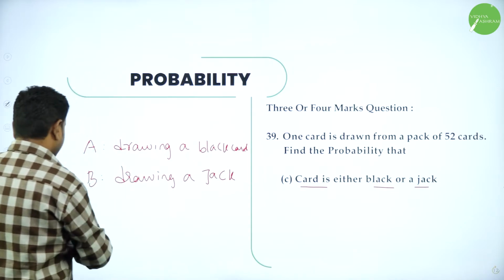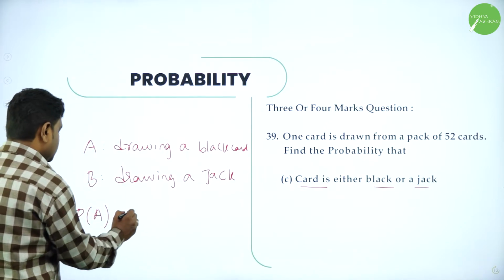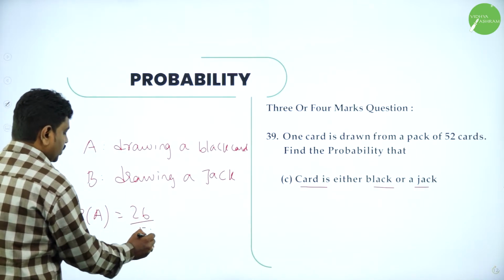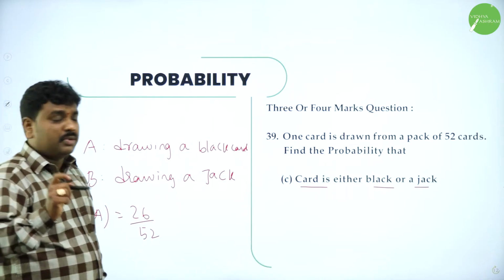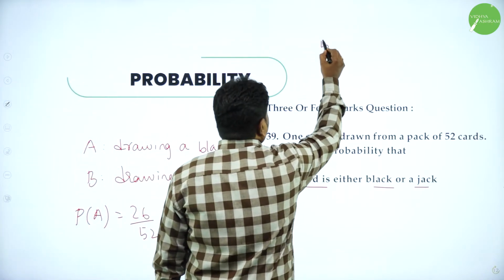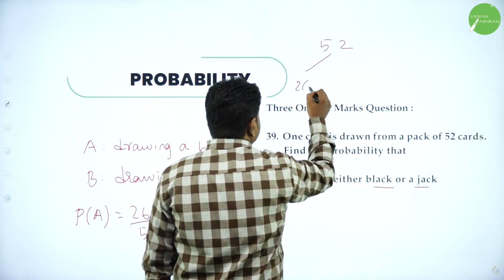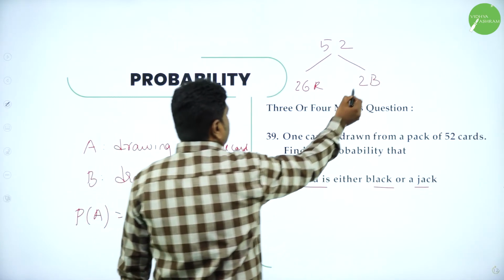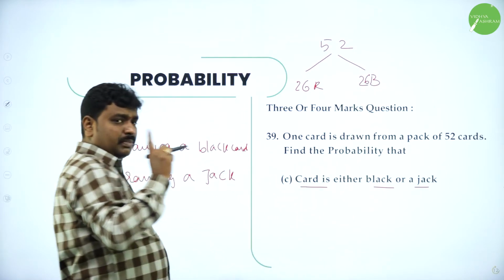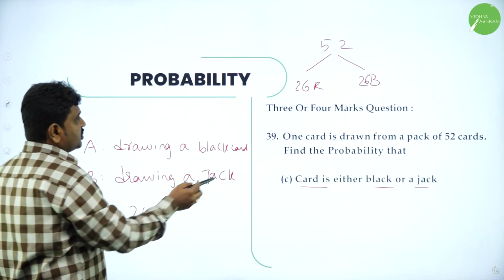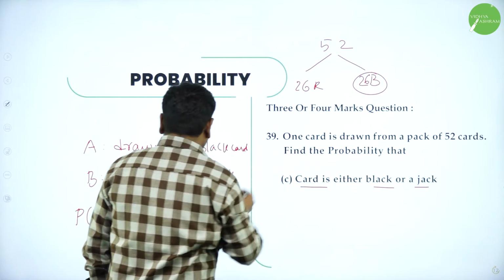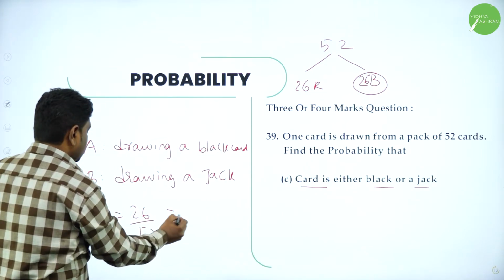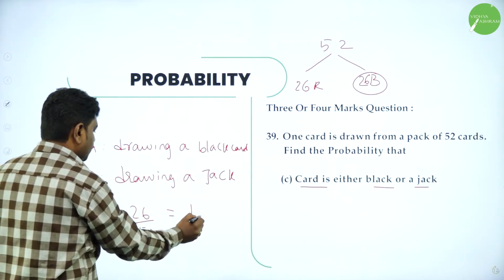So you know P of A, probability of getting a black card, is 26 out of 52. I told you, probability means favorable by total. Out of 52 playing cards, 26 will be red and 26 will be black. So if you want to draw a black card, you have to take from these 26. So 26 favorable out of 52. So that is divisible, 1 by 2.